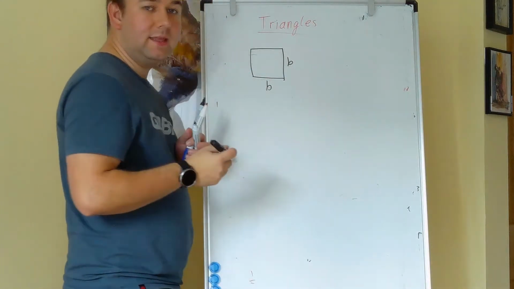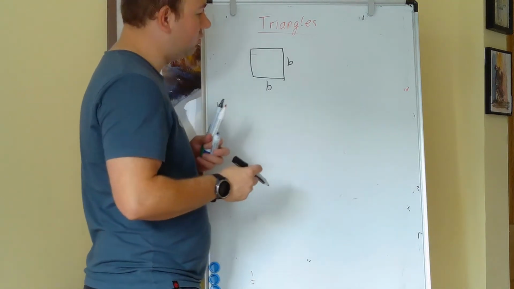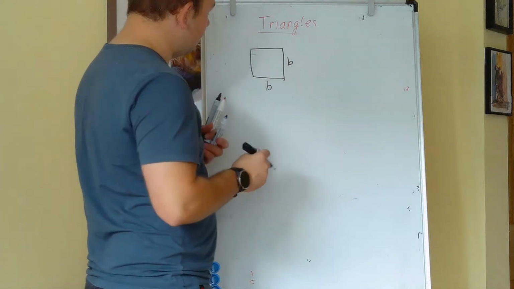Finally, we're going to show that the area of an isosceles triangle, and therefore an equilateral triangle, is half the base times the height.